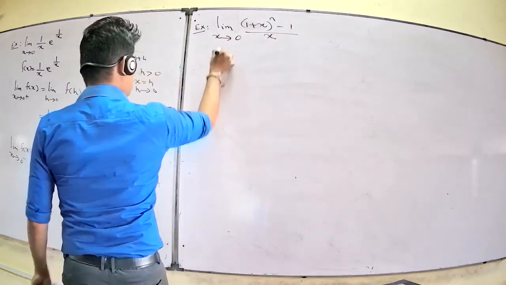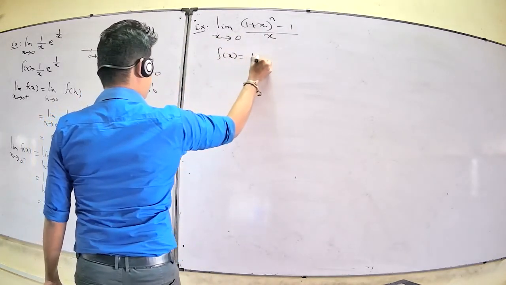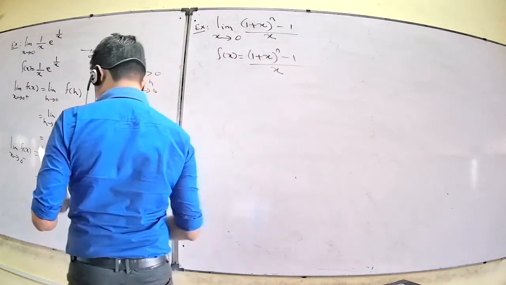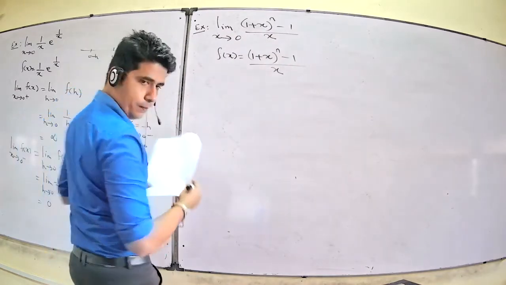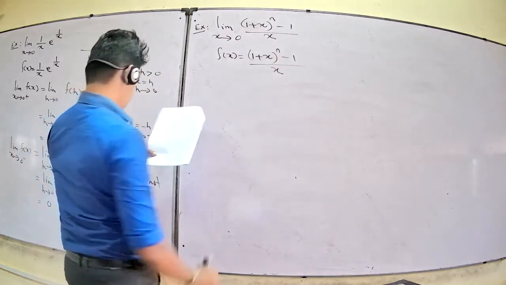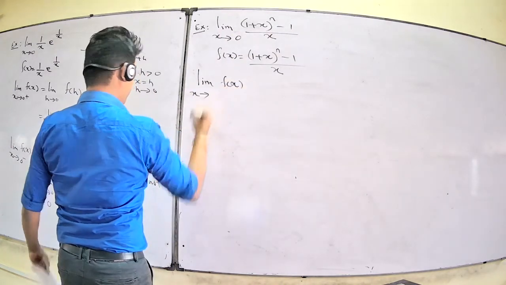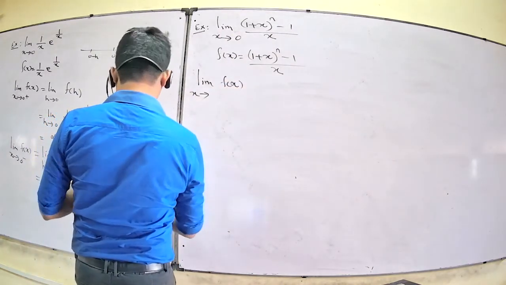Therefore your f of x is equal to 1 plus x to the power n minus 1 over x. You can take the limit of f of x as x tends to 0 minus.